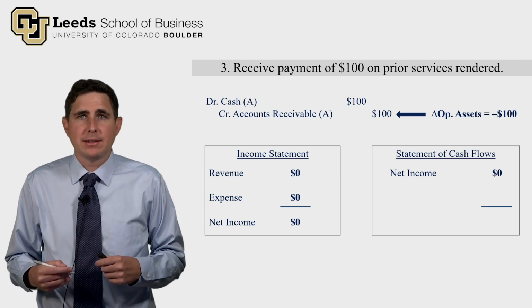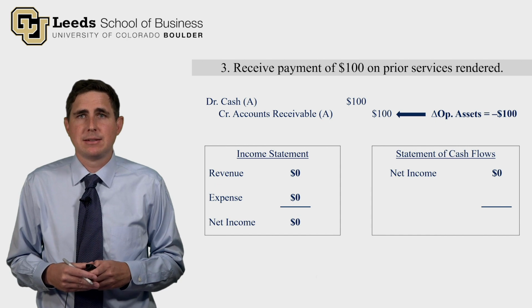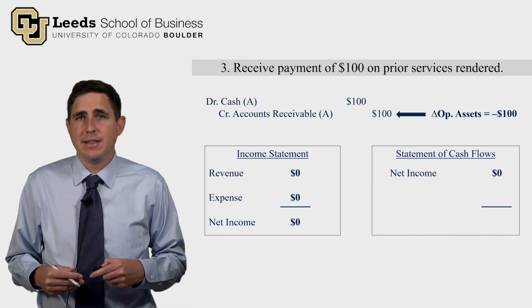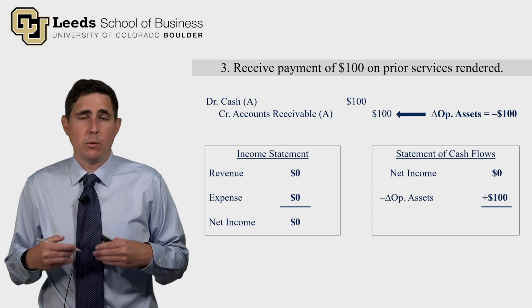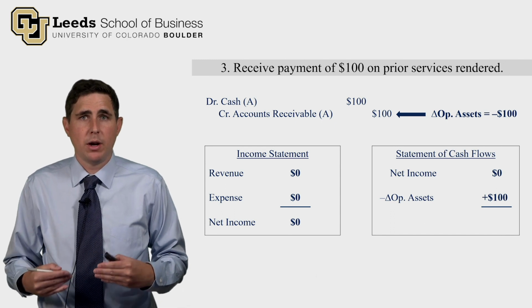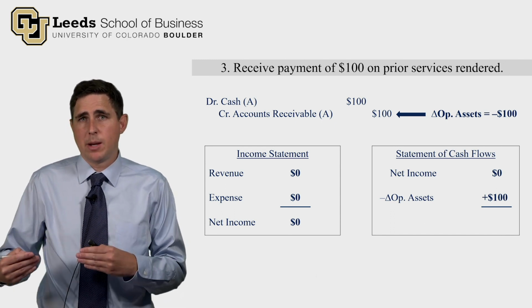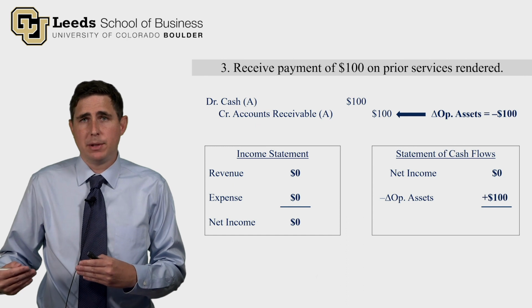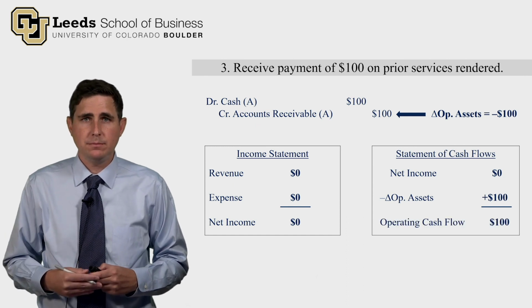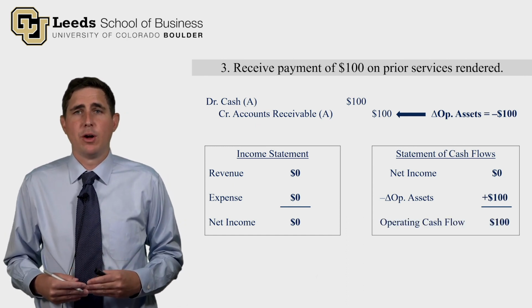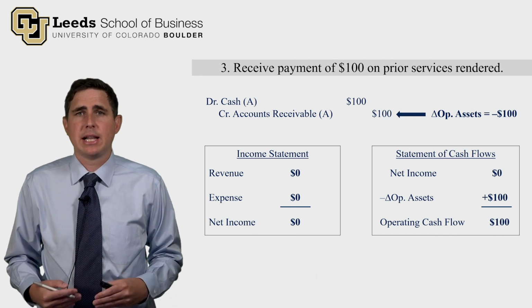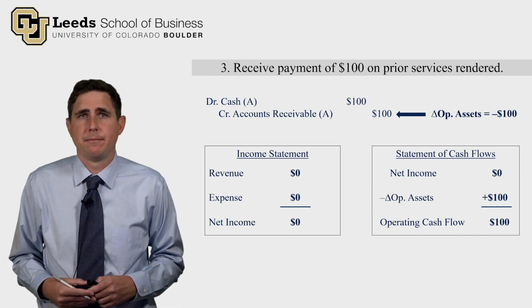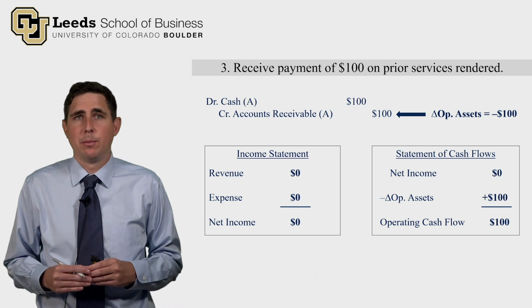We subtract changes in operating assets. So we will subtract that negative 100. So when we do that, we end up with a plus 100. So we start with net income of 0, and we add 100 because operating assets went down, and we end up with operating cash flow of positive 100. Exactly what we were expecting to have. Okay, that's example number 3.